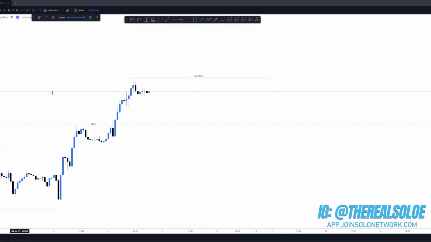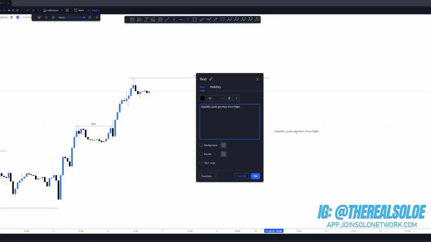My whole thought process is, where can I look for entries? When you see the PDF, I have 3 entry points in there. One of the entry points I look for is liquidity pools, previous lows and highs. I also look for the fair value gap, which a lot of people are familiar with.